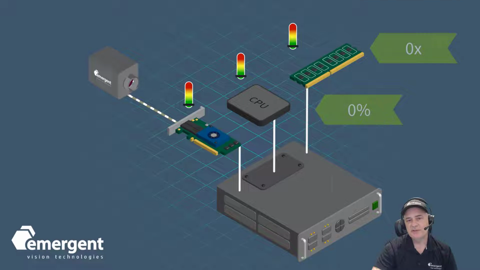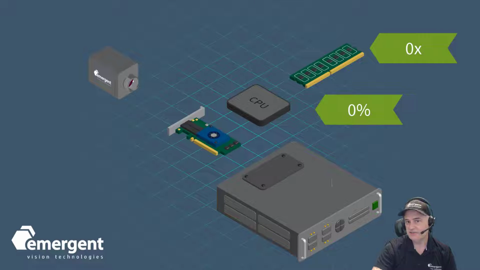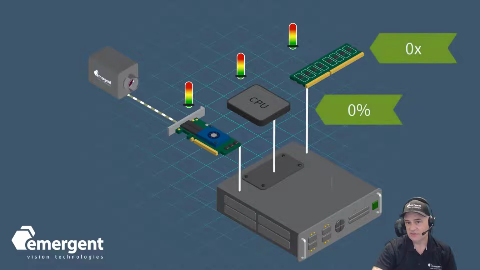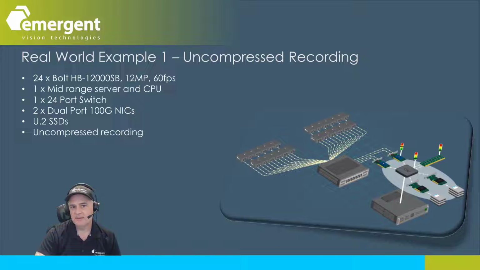This short animation illustrates the FPGA card process, which completely bypasses the memory and CPU for 0% memory and 0% CPU utilization. This is a real-world example system based on which many of our customers are deploying systems. Emergent is currently providing turnkey systems just like this as well.